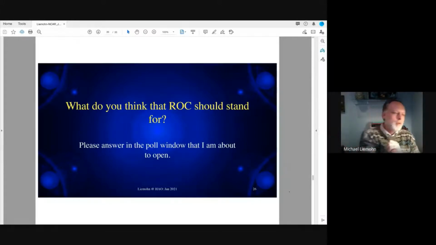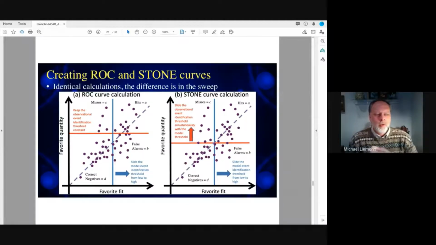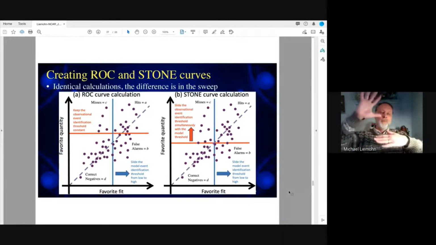How do we go about working with it? The calculation of these is done in this way. So for the ROC curve, you set what the data event threshold is, and then you sweep the model threshold. And that keeps all the points in either above the red line or below the red line on this curve.